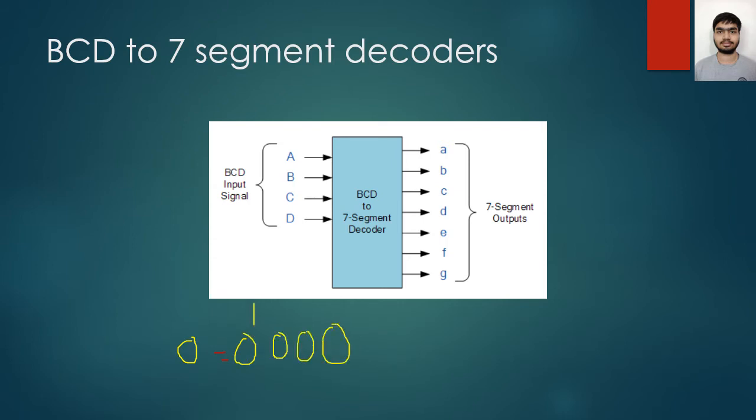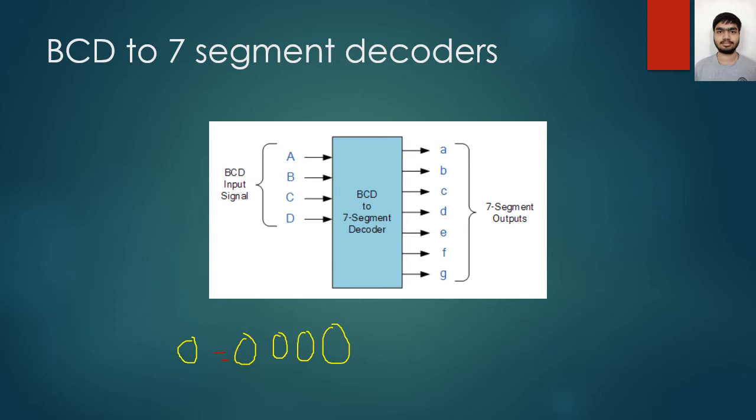These are the 4 binary numbers which correspond to the 4 input parameters in BCD to 7 segment decoders. This one is C and this one is D. These are the 4 input parameters, and from these input parameters we should get the corresponding A, B, C, D, E, F which should be lighted.